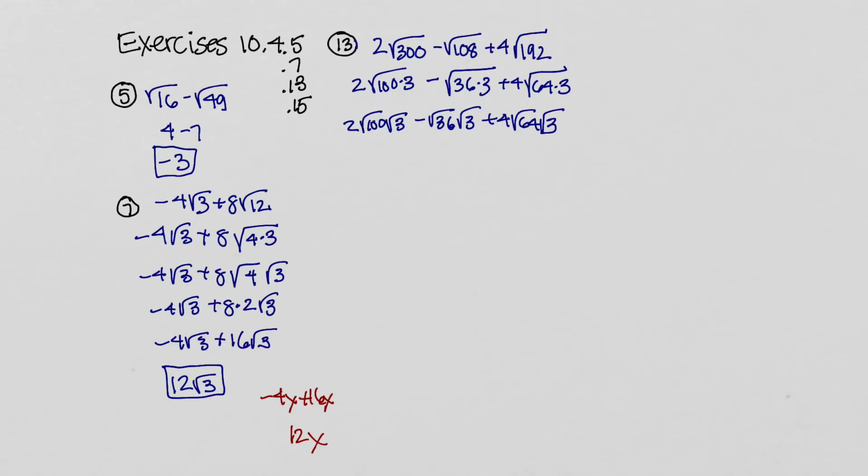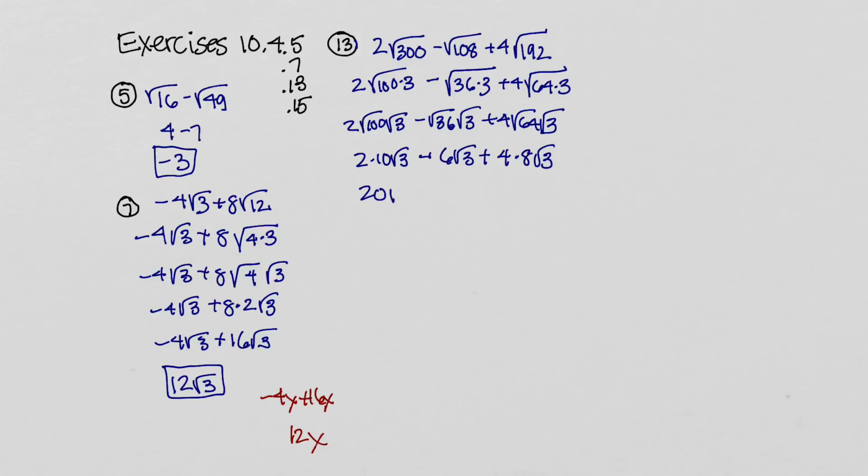You know, I think you can probably skip this step if you want and go right to here. You know you're going to break them apart to this. Square root of 100, you know, is 10. So you could just go from here to here writing this. 2 times 10 square roots of 3 minus, and now from here to here, square root of 36 is 6 square roots of 3, and then plus 4 times square root of 64, which is 8 square roots of 3.